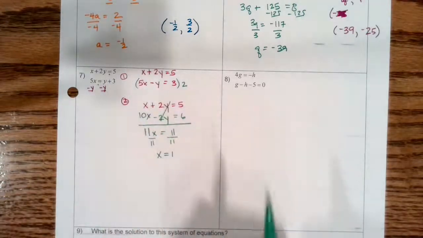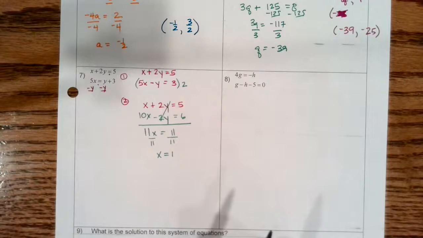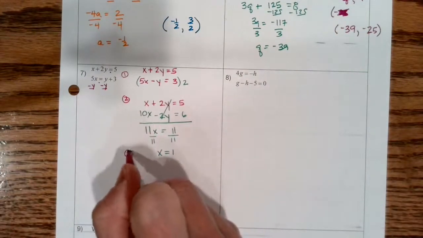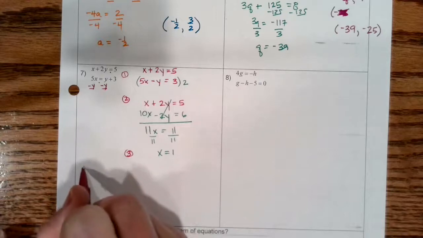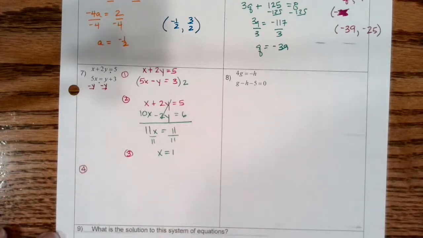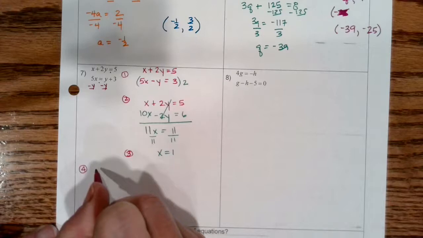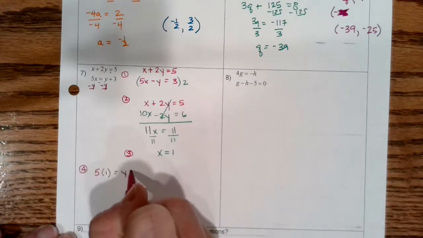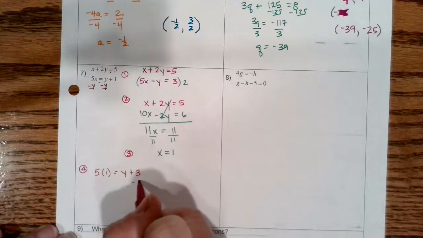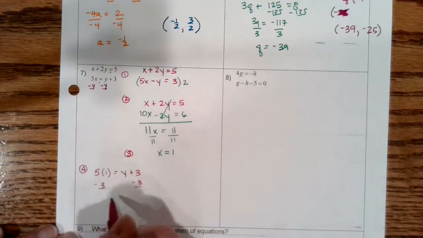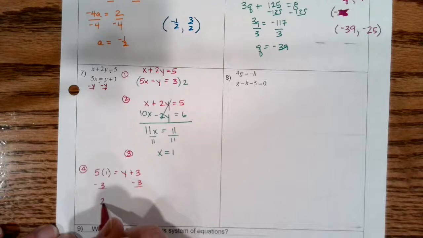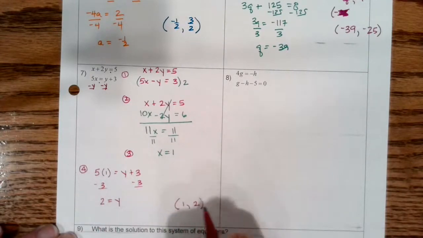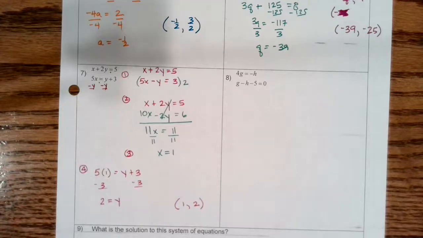Now it doesn't matter which equation you go back to, but after you solve and you get this value for the variable, you're going to go ahead and substitute it into your next equation. I'll say 5 times 1 is equal to y plus 3, minus 3, minus 3. 5 minus 3 is 2 is equal to y. Therefore 1, 2 is your solution.